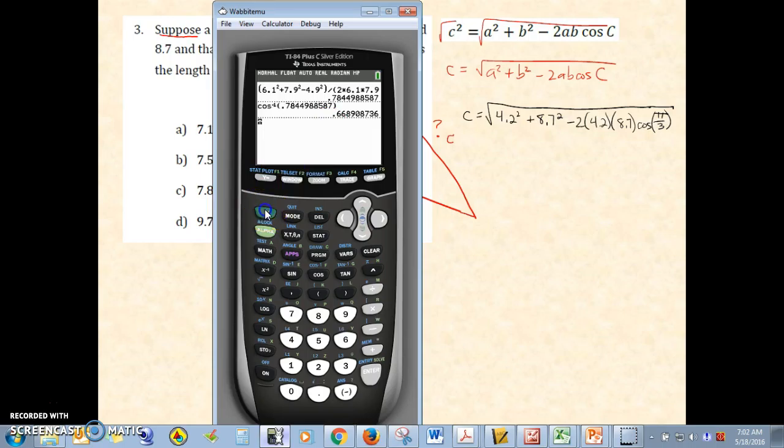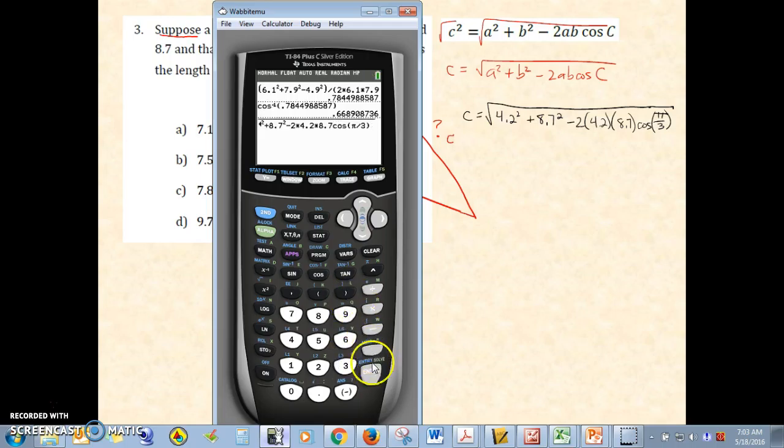So I'm going to do square root, 4.2 squared plus 8.7 squared minus 2 times 4.2 times 8.7 cosine of pi over 3.